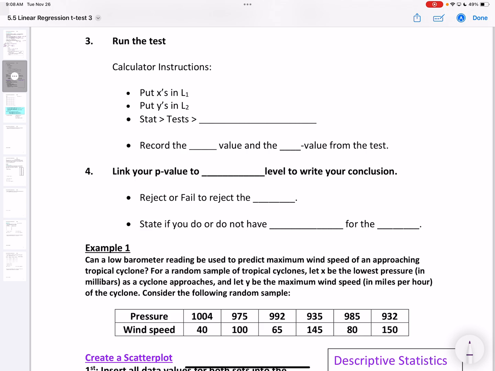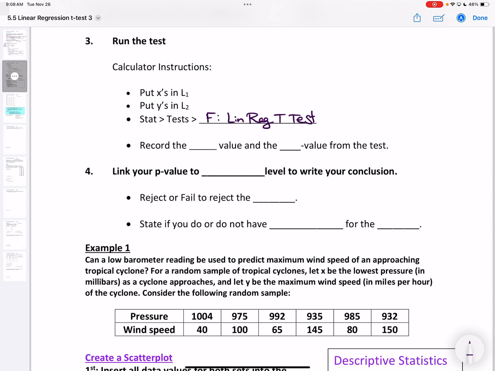You're going to put your X's in L1, your Y's in L2, and then you're going to go to Stat Test, and you're going to go down to F, which is a LinRegTTest. Okay? So right there, that tells you what your test statistic is. Remember how I told you to look for that? What's your test statistic on this one? T. Good.